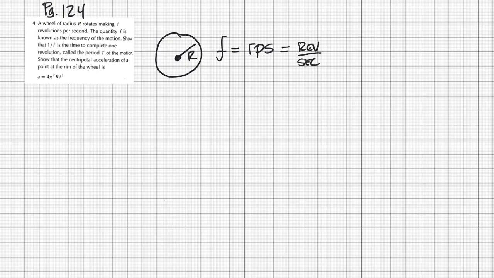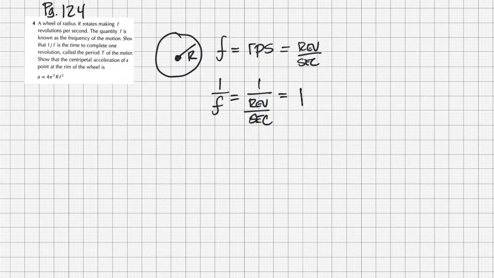And then when it says the quantity f is known as the frequency, show that 1 over f is the time to complete one revolution. So 1 over f then would be 1 divided by revolutions divided by seconds. And your math teacher wouldn't like this, right? We have a fraction within a fraction. So instead of dividing by this, we're going to multiply by the reciprocal.